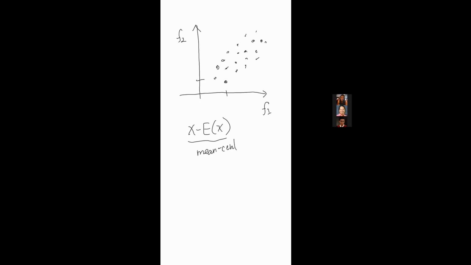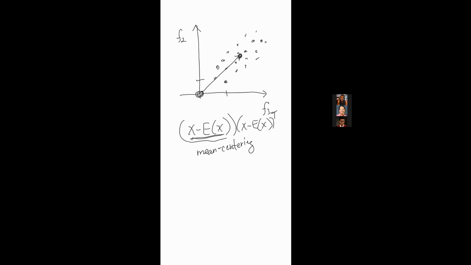Then the covariance would be the expected value of x minus E of x, times its transpose, right? Mean centering means, once you do this part, the origin of your feature space moves to the middle, to the mean of your data.